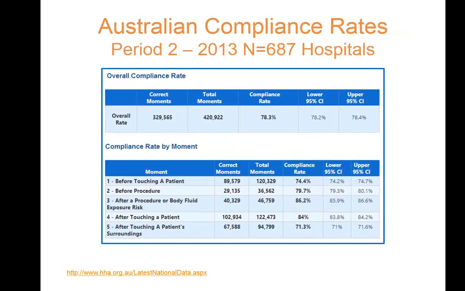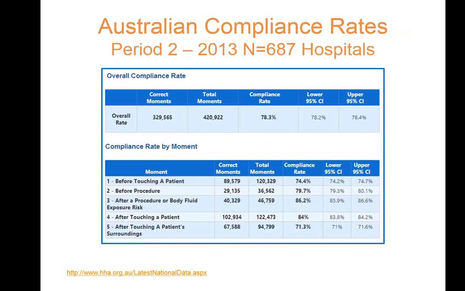Now what's interesting in all of this is that the two moments with the highest levels of compliance are after a procedure or body fluid exposure, where the mean compliance in this most recent rating period was 86.2%, or after touching a patient, moment 4, where the most recent reported figure was 84%.